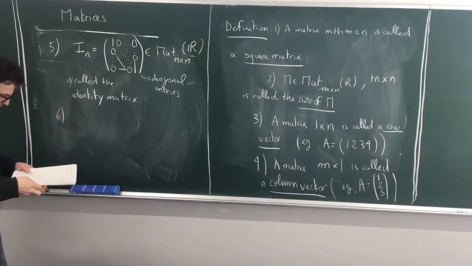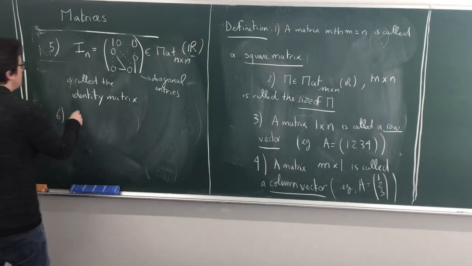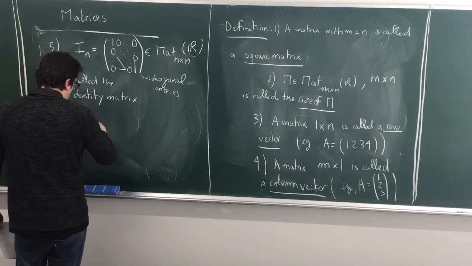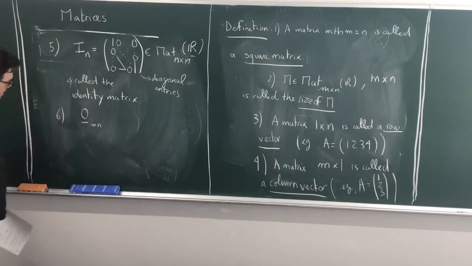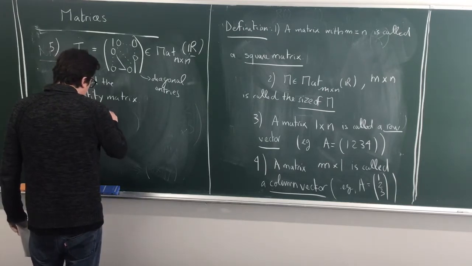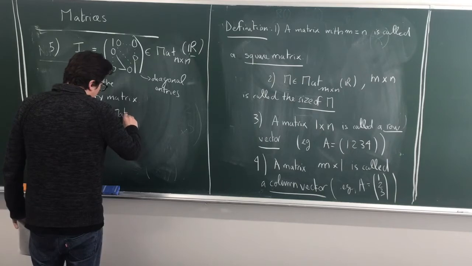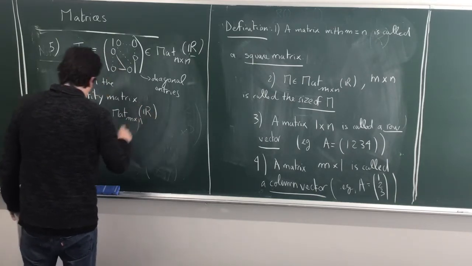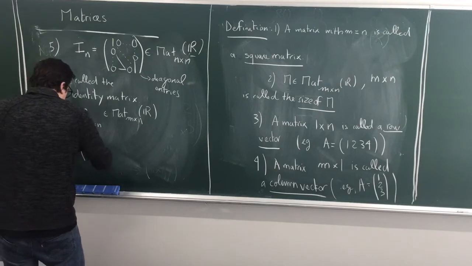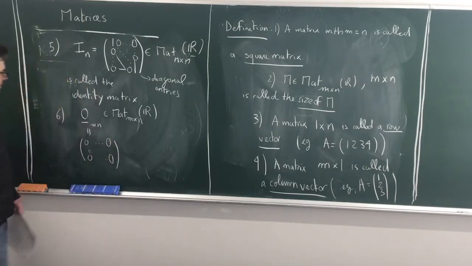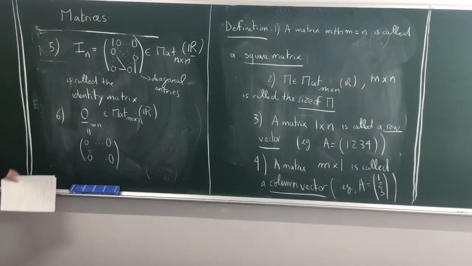Another very special matrix we will denote 0_{mn}. This will be a matrix in Mat m times n, and it will be defined by putting only 0 entries. So the whole matrix is full of zeros.